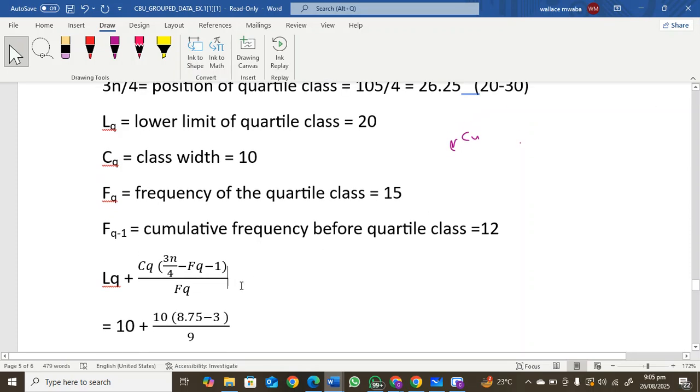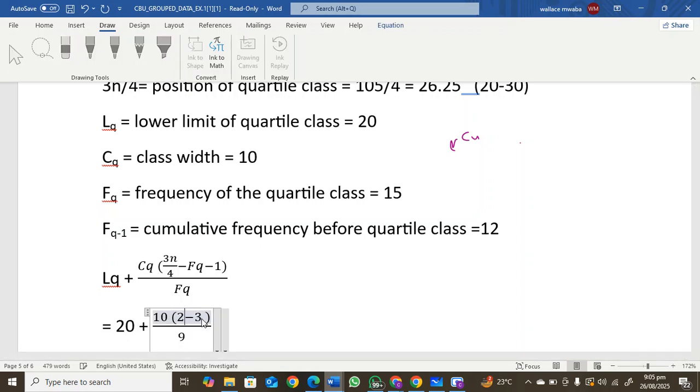So lower limit is 20. Here, this is 26.25. The cumulative frequency before is 12. The frequency here is 15.